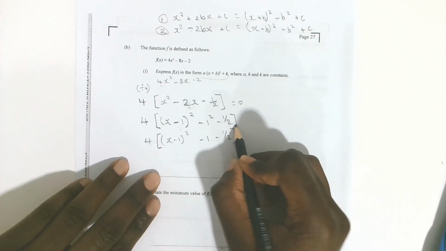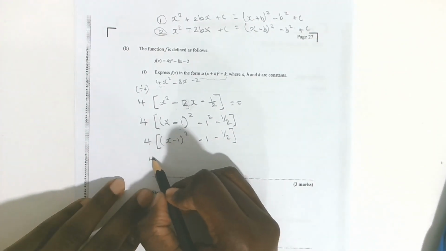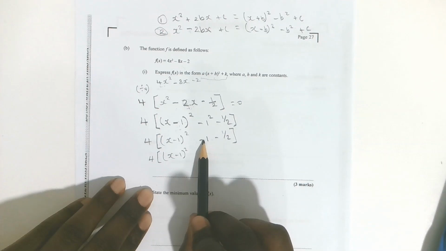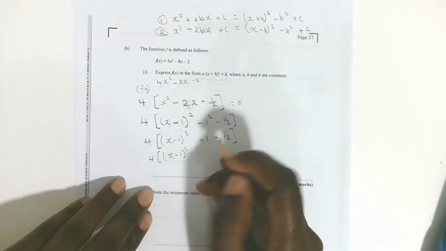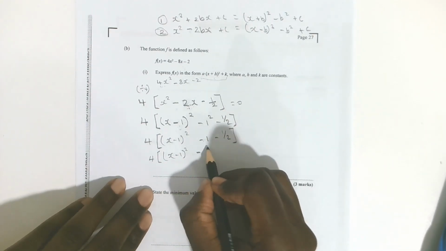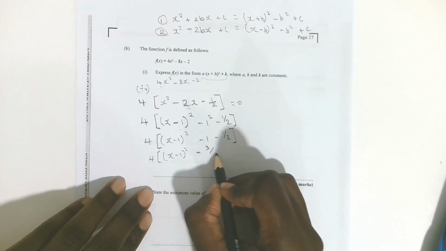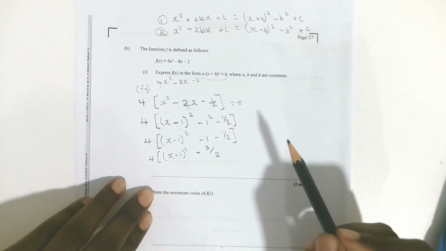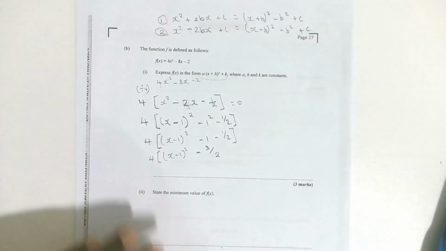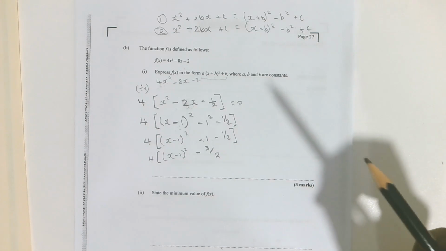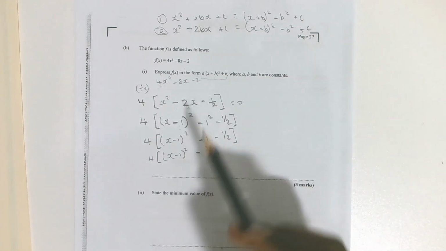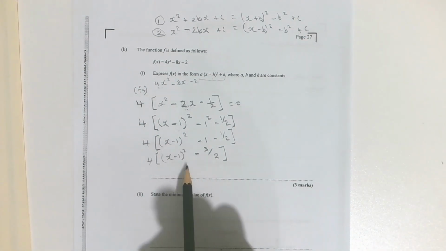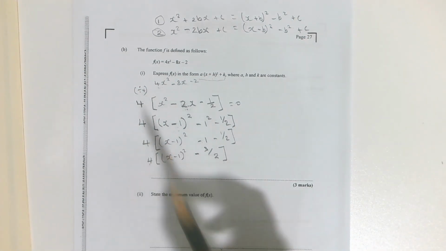And then we can simplify that again. We're going to have 4 times x minus 1 squared, minus 1 minus half, which is going to equal minus 3 over 2. And what we need to do now is multiply our 4 by everything inside of our squared brackets.